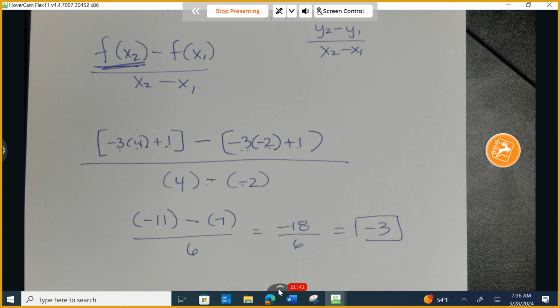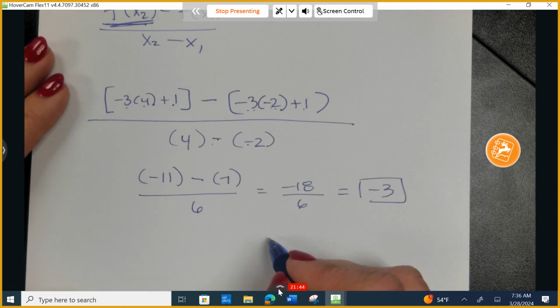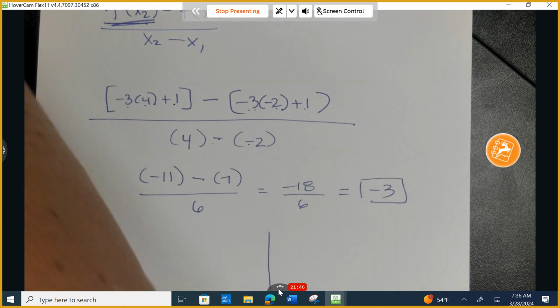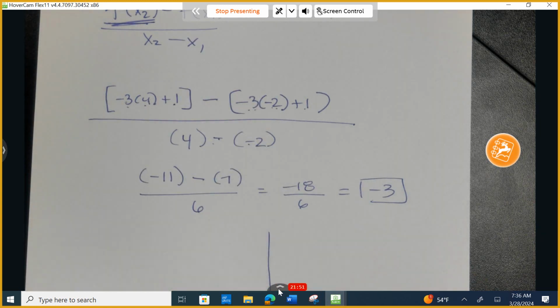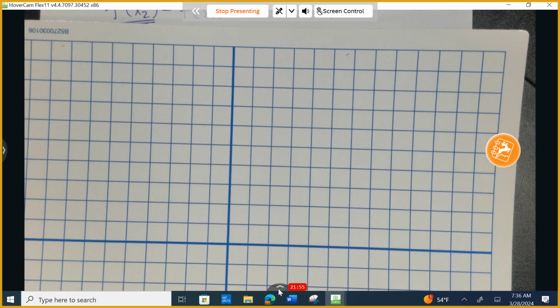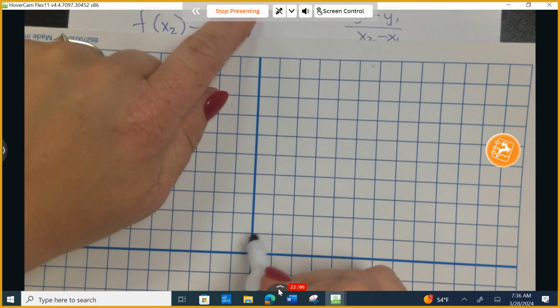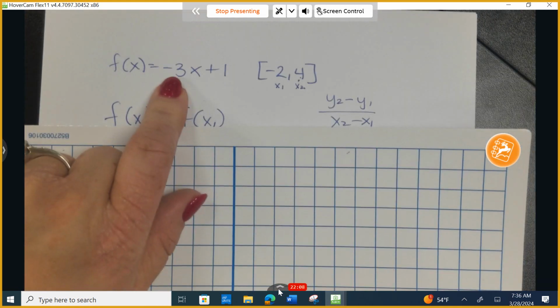Let's make sense of that. Is everybody ready? I want to quickly graph this, and let's see if I happen to have a board here I can do that on. Because this is such a simple function, I want to graph it, and you're welcome just to watch. I'm going to start right now at positive 1, and I'm going to go down 3 and right 1.